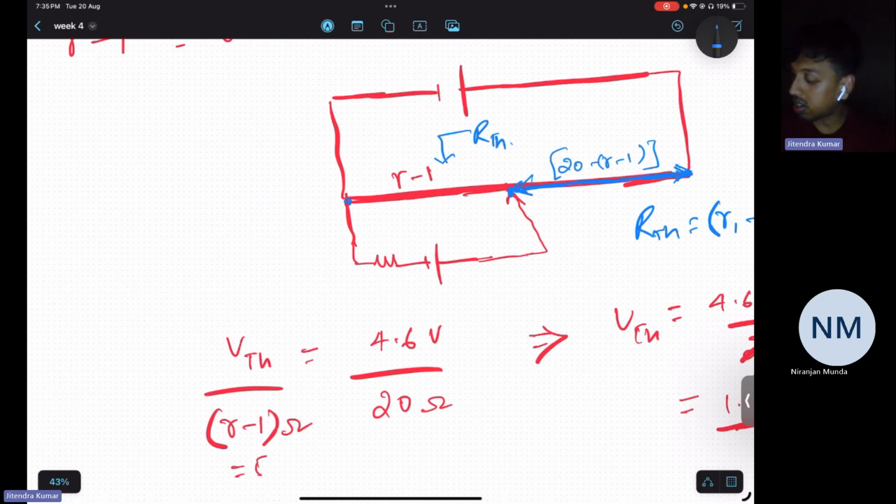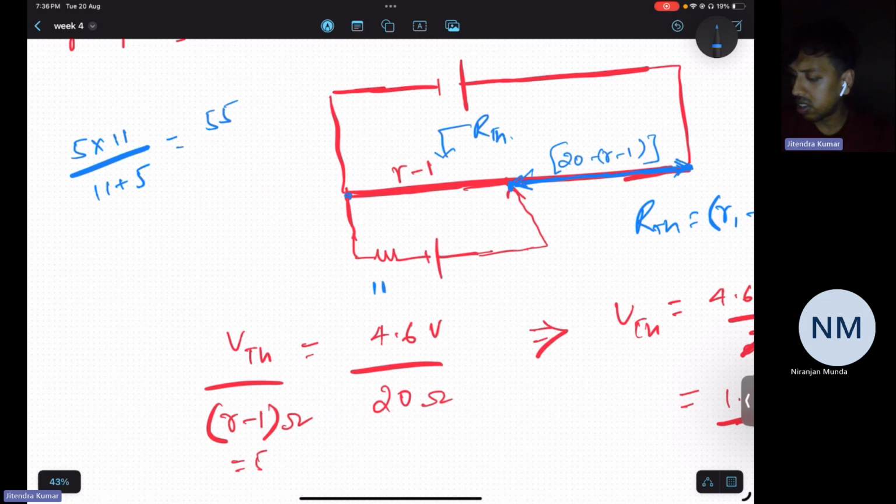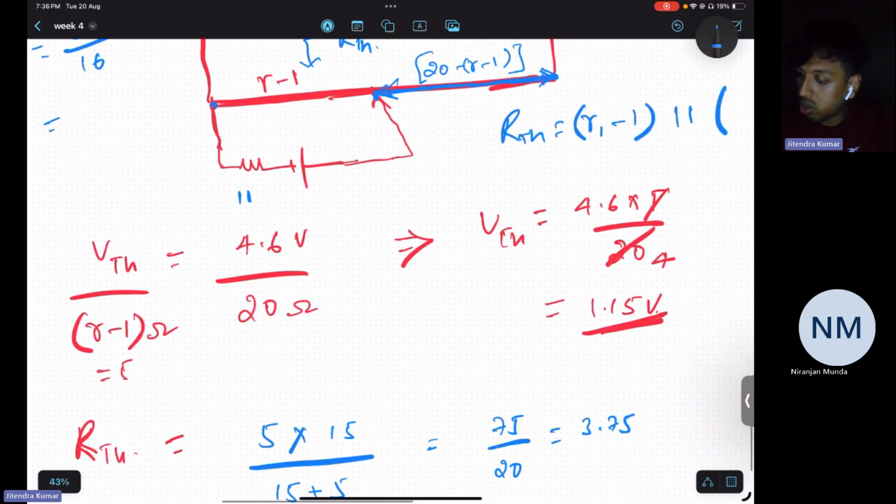So R test was 11. 5 into 11 divided by 11 plus 5, which is 55 by 16. It is also close to 3.45.